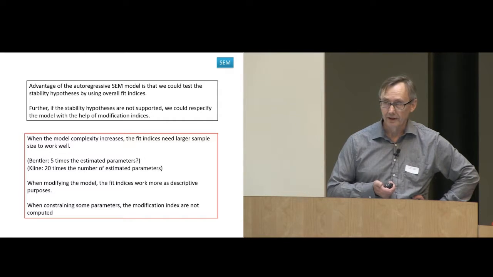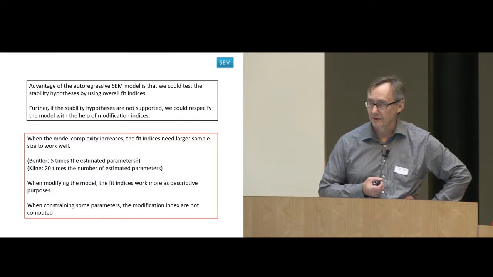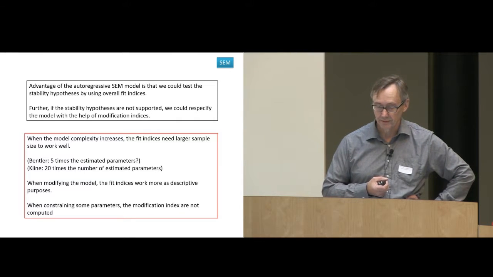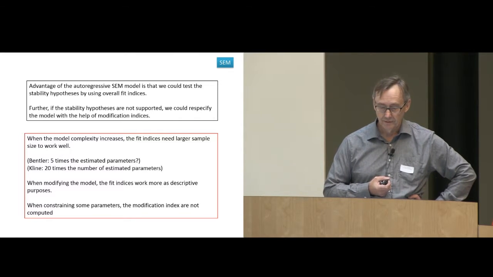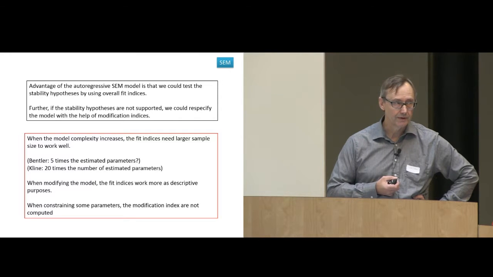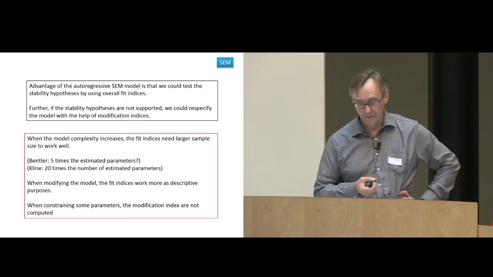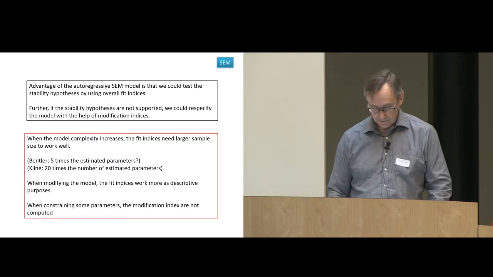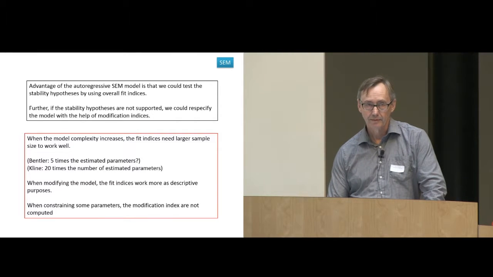Bentler, in his article, says that 5 times the estimated parameters is enough for sample size, but the book of Kline says that 20 times the number of estimated parameters is needed. And this is a very high requirement.